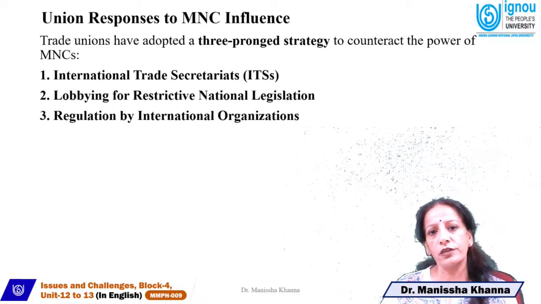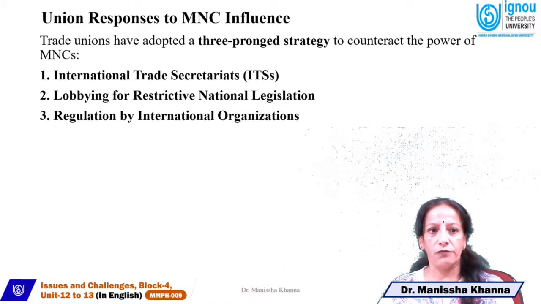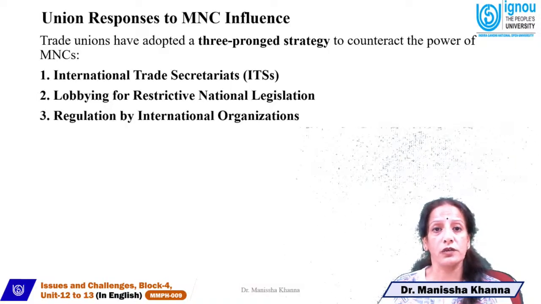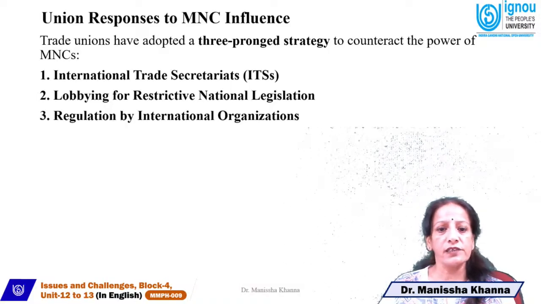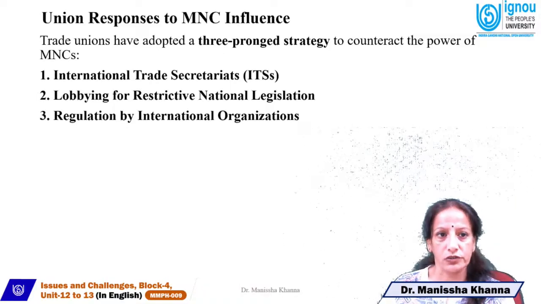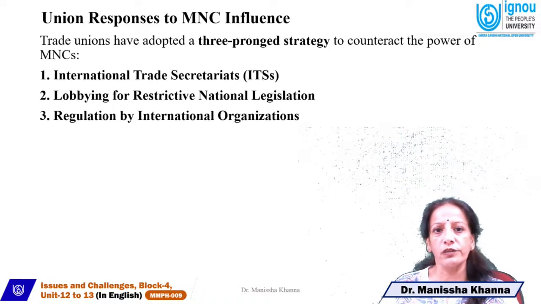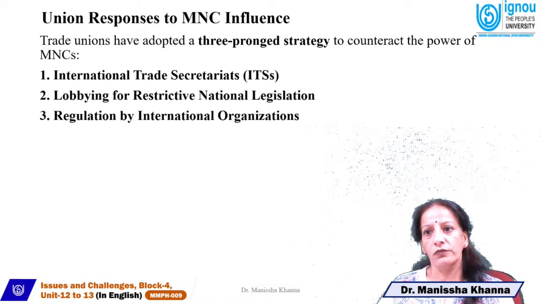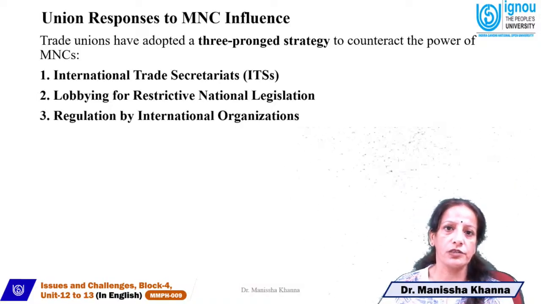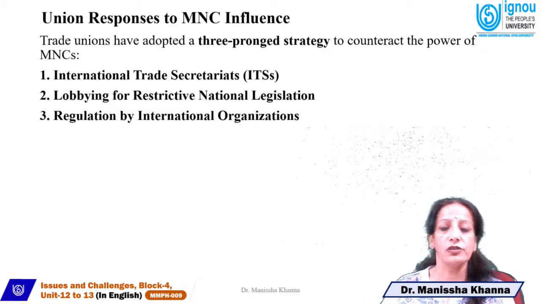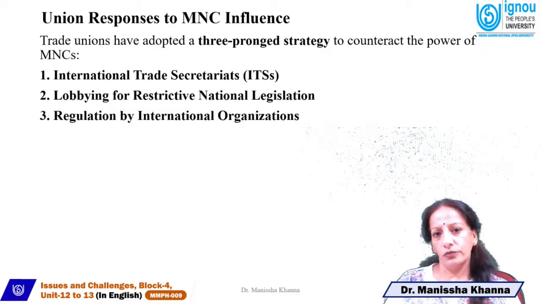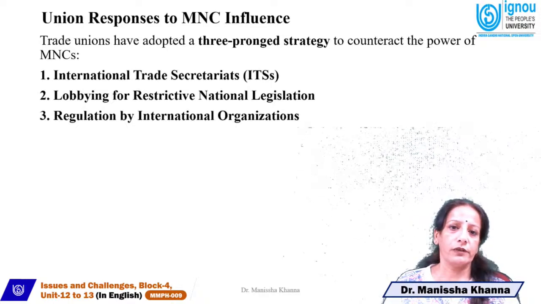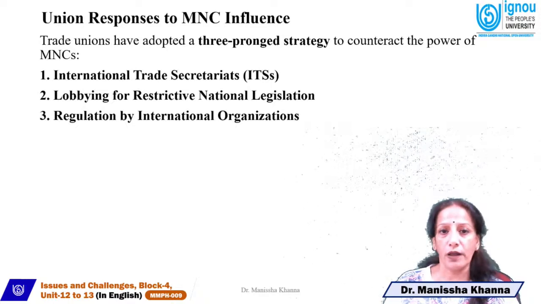Here the trade unions have adopted three prolonged strategies. First is the international trade secretariat. Second is lobbying for restrictive national legislation. And third is regulation by international organizations. These are responses that counteract the power of MNCs, because by experience unions have low bargaining power with MNCs, so they strategize.